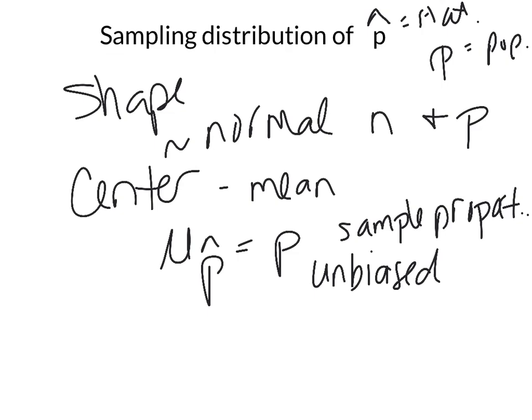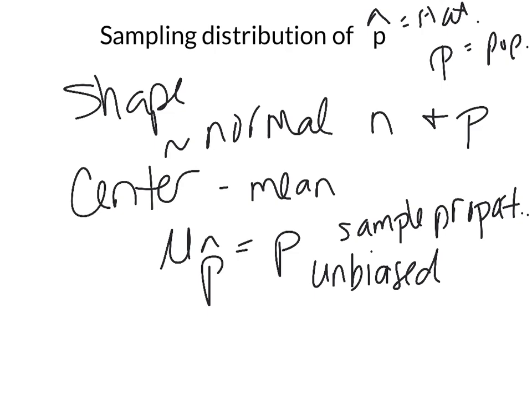If I take the average of hundreds and hundreds of samples, that should be the same as my proportion of all the candies that are orange in the entire population.